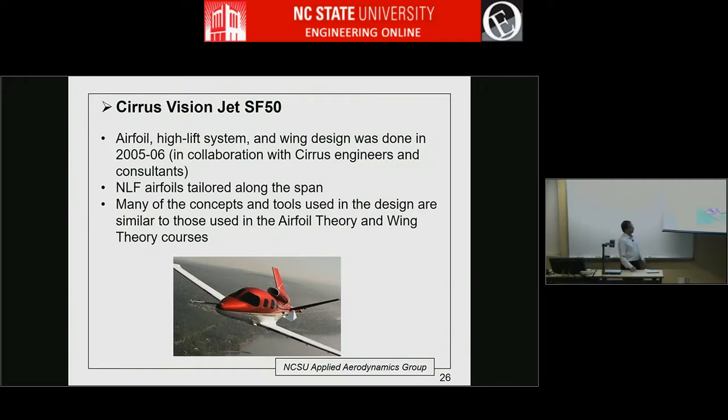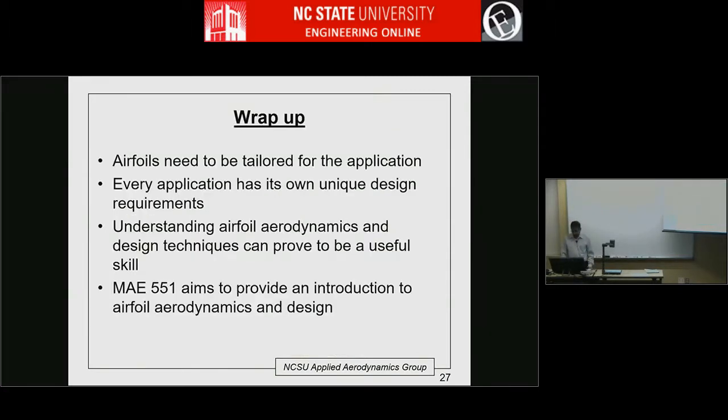The airfoils for this are NLF airfoils, natural laminar flow, and that's one of the things we'll be talking about in the course, why it's important and how to design them. A lot of the concepts I used here are from the airfoil theory course and the other course I teach, wing theory.